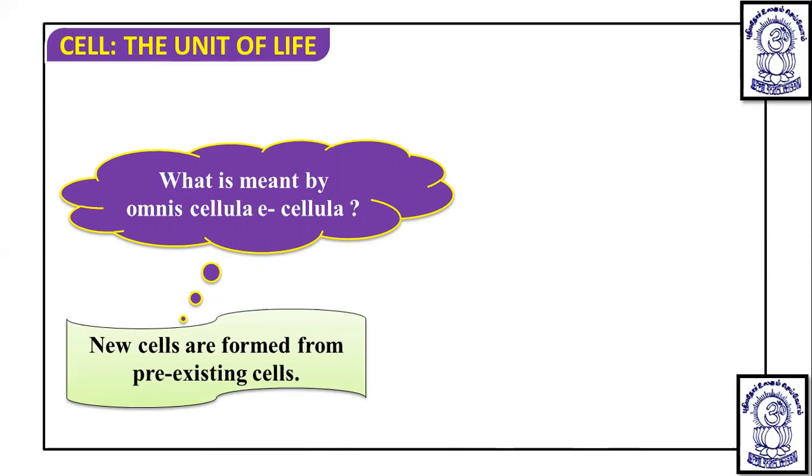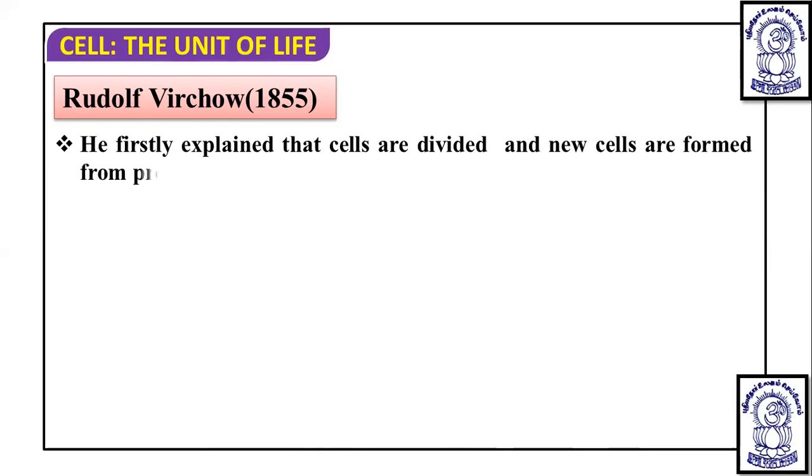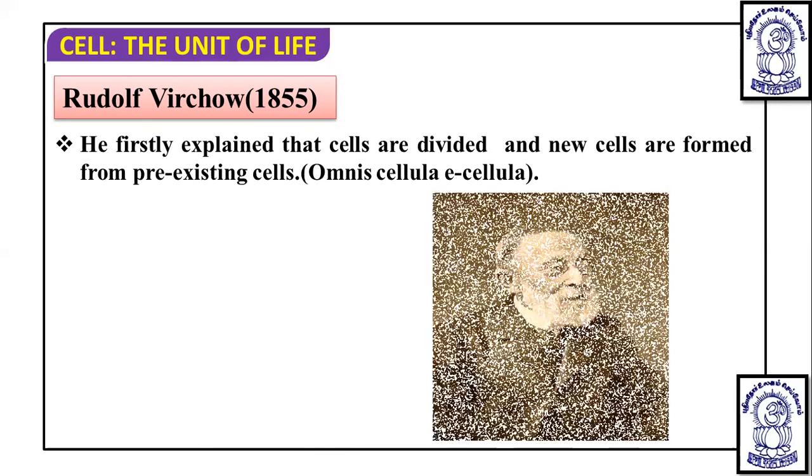So the new cells are formed from pre-existing cells, and this was given by Rudolf Virchow. Initially Schleiden and Schwann proposed the cell theory, but the cell theory was modified by Rudolf Virchow. He firstly explained that cells divide and new cells are formed from pre-existing cells. It was not known earlier to that.